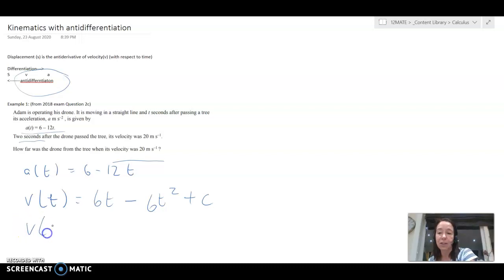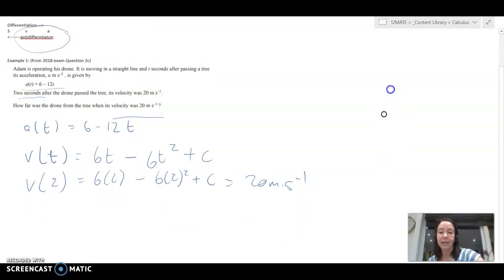So my velocity after 2 seconds is equal to 20 meters per second.